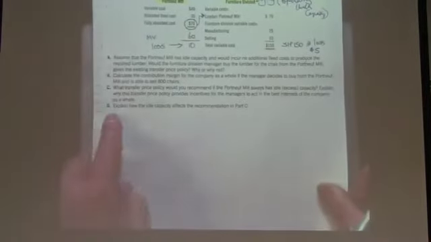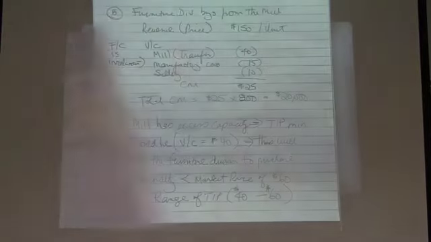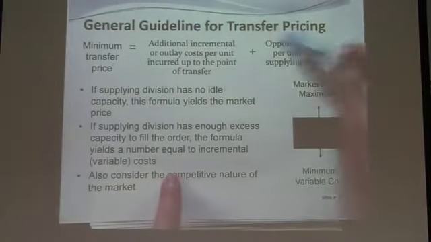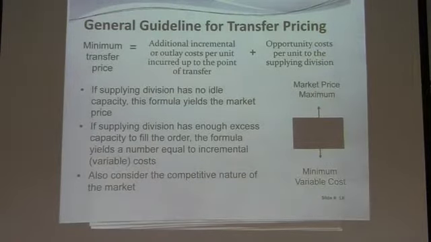Now, Part D says, explain how the idle capacity affects the recommendation in C. Well, if there's no idle capacity, what happens? As we see in the lecture notes, we need to incorporate what we call this opportunity loss. If the selling division, the mill, does not have any capacity to supply internally, then if they're forced to sell to the furniture division, they're going to have to give up the profit they normally would have generated from selling to their own regular external customer.